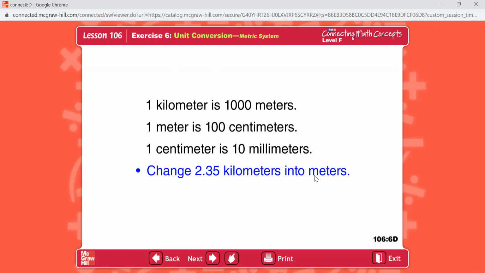We're going to be multiplying by 1,000. So we multiply 2 and 35 hundredths times 1,000. Instead of writing it out, we can just move the decimal place to the right as many places as there are zeros in 1,000. 3 decimal places. 1, 2, 3. Giving us the answer, 2,350 meters.